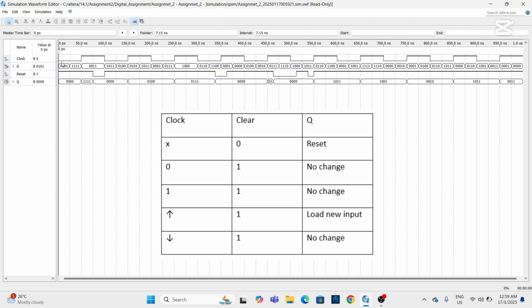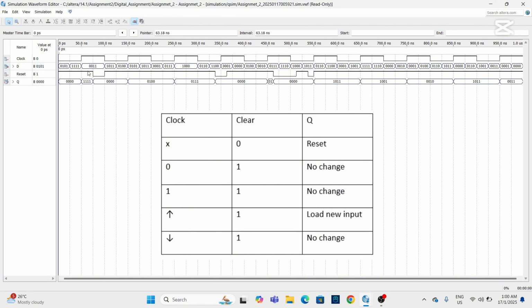When the clock is at 0, 1, or negative edge, the output will remain unchanged. Only at the positive edge, the register will load the input and generate the output. Keep in mind that when the reset signal is activated, the output will be reset immediately.